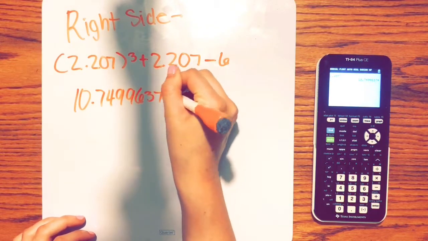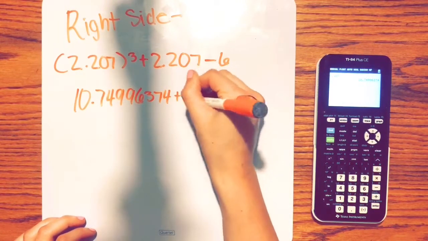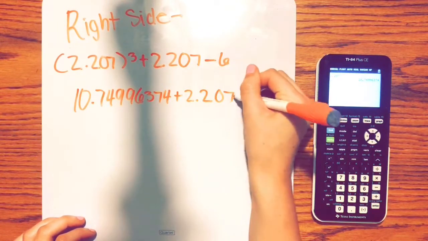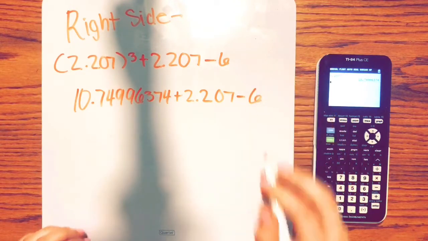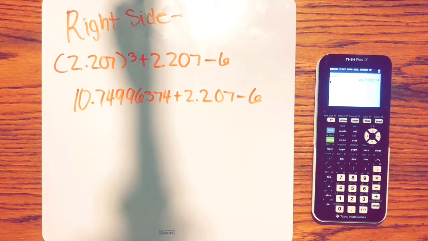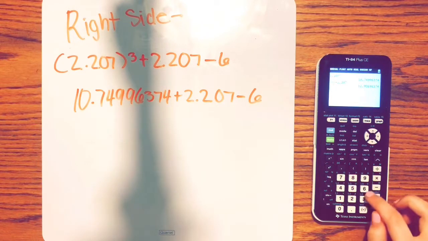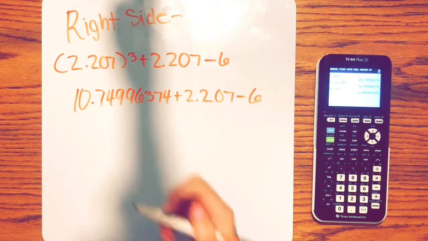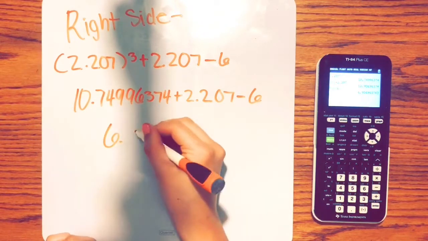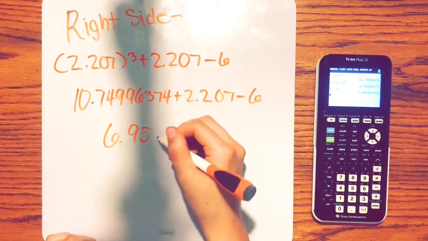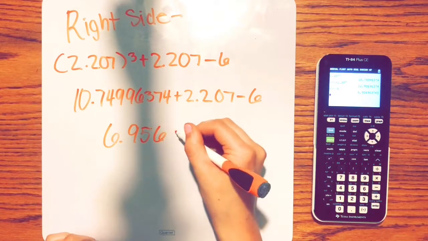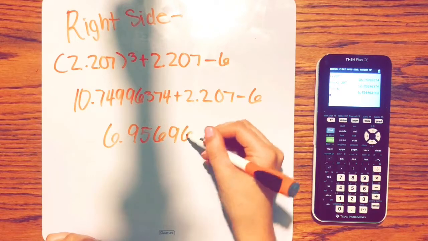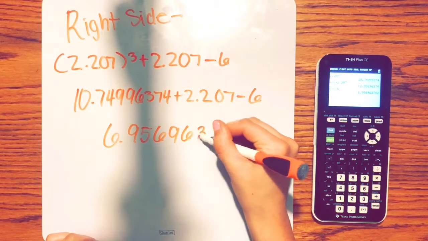Add the 2.207 and minus 6 to the end of this. If you finish the equation, you will get 6.956963743. You will realize that this is close to the answer of the previous check, which means that 2.207 is the correct answer for x.